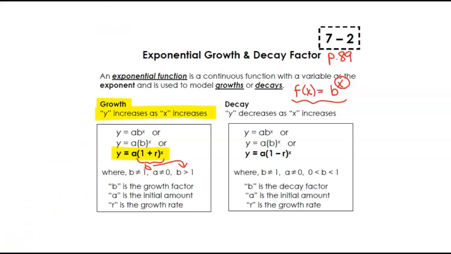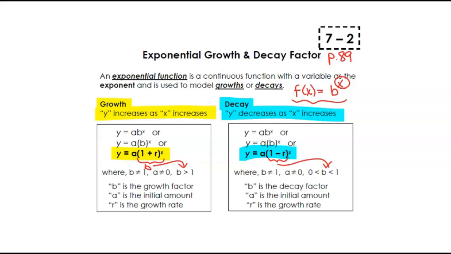So the other thing that you need to highlight is decay. Decay is when y is decreasing as x is increasing. So we talked about decay is when the graph is going down. What that looks like as an equation is an exponential function with the b value between 0 and 1.